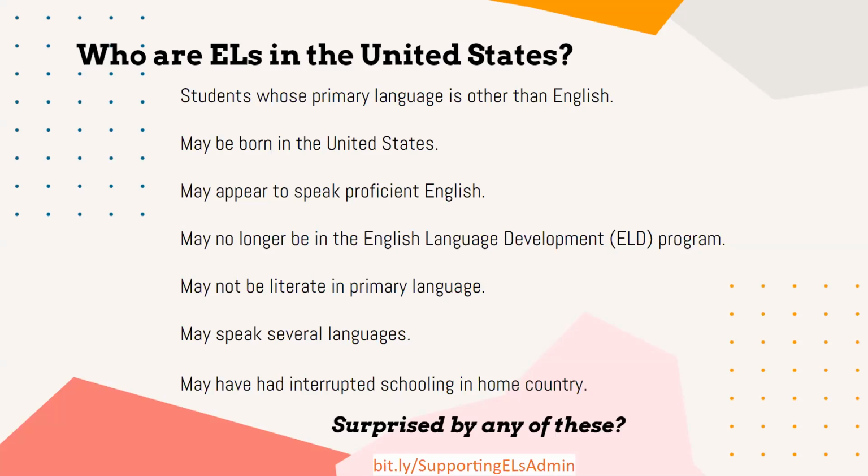That's so important to know because that means they will not know the routines of school, they will not understand the culture of school yet, perhaps, and there will be a lot of gaps in their education. So when a student is learning English, they're drawing on what they already know and can do in their primary language, so that's important to keep in mind.